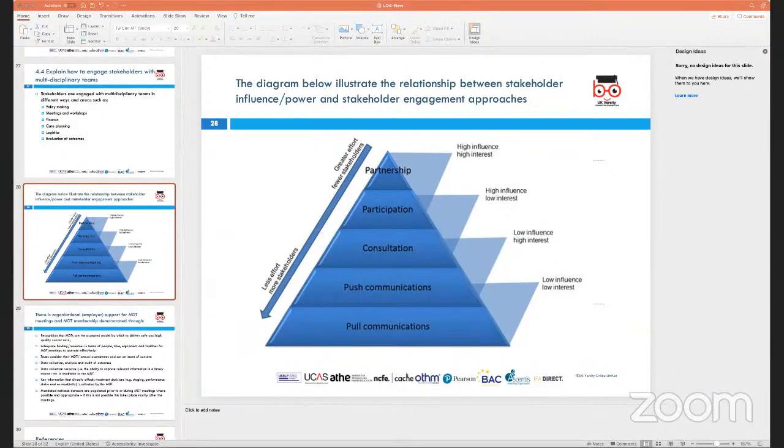Now, in general, there is a theoretical model which we term as stakeholder analysis or stakeholder matrix. And this particular tool is actually used to determine what kind of actions are necessary to be taken in order to make sure that the goals are achieved.